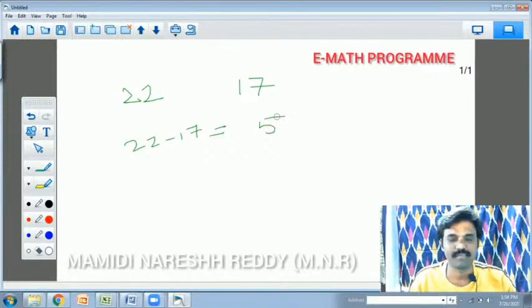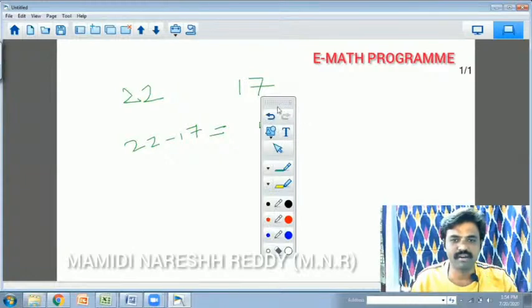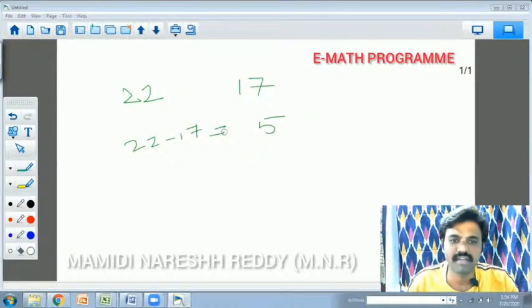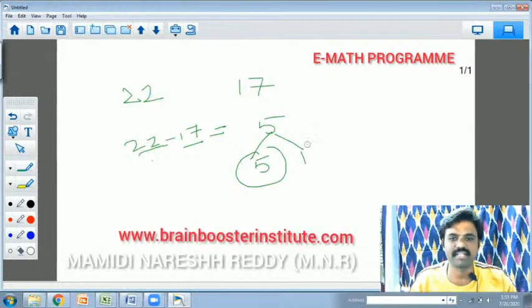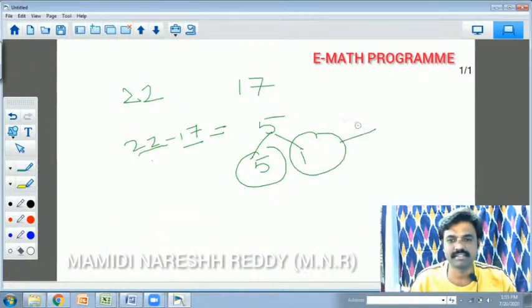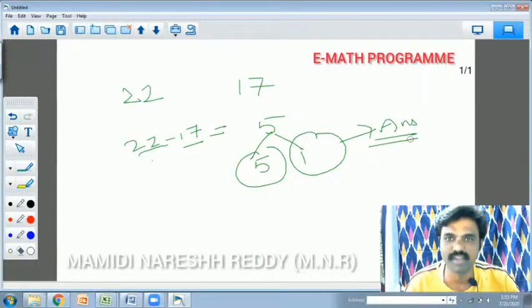As we have discussed, 5 is not a factor of either 22 or 17. So let us take the factors of 5: 5 comma 1. Here 5 is not a common factor of 22 and 17. That's why the final answer is 1. So 1 is the GCD of 22 and 17. Finish.